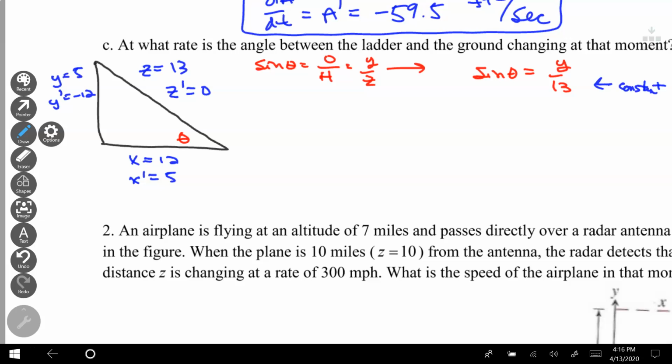It's never going to change. So now I've got to take this derivative. Derivative of sine is cosine theta times theta prime, is equal to, well, this is 1 over 13 times y, so it's 1 over 13 times y prime. That is my derivative.